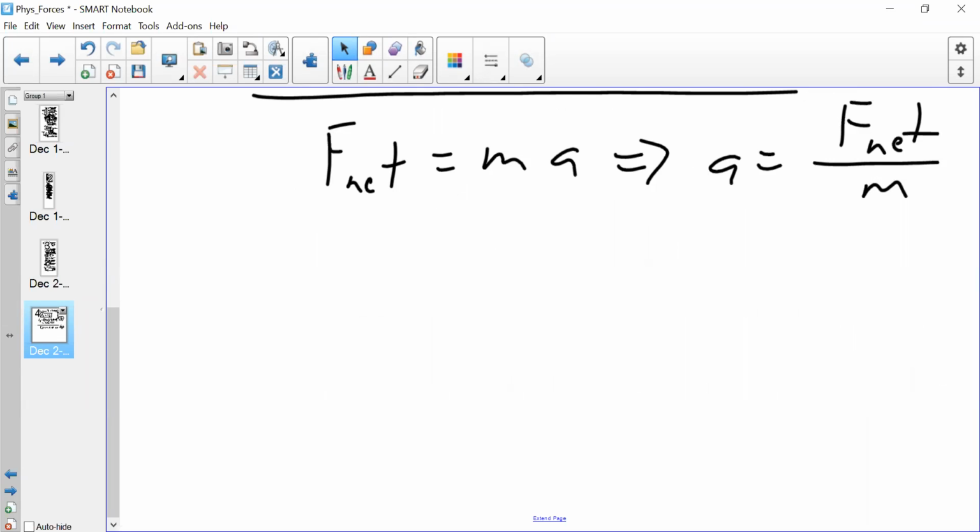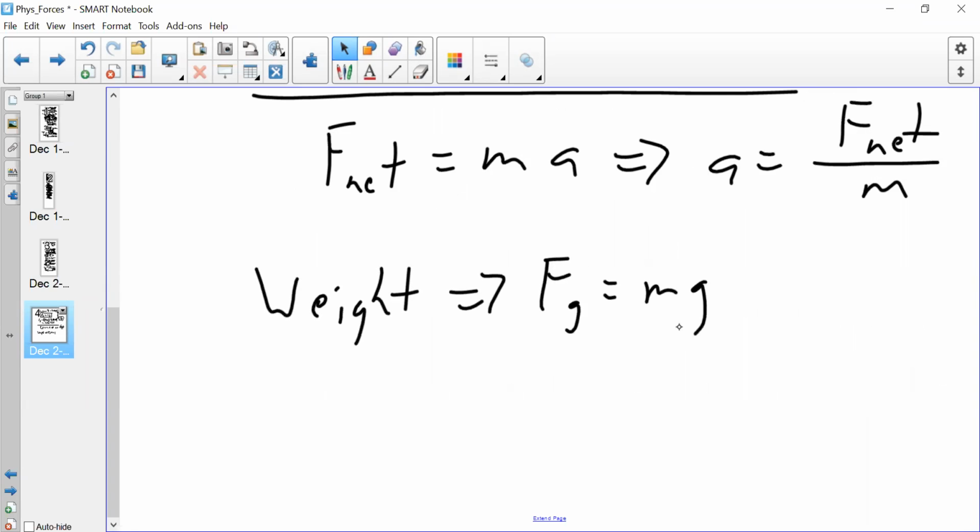What they're asking for is the weight. Remember, weight is force due to gravity, mg. I got the mass of 4. What's gravity? 9.81 meters per second squared.